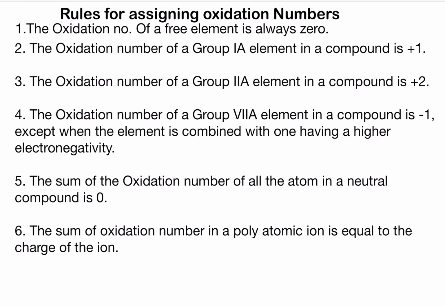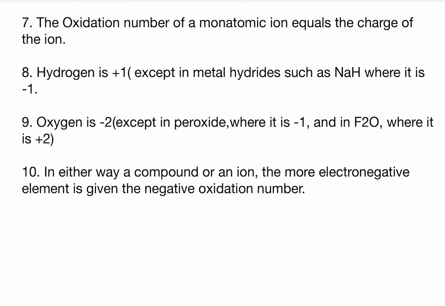Rule 6. The sum of oxidation numbers in a polyatomic ion is equal to the charge of the ion. Rule 7. The oxidation number of a monoatomic ion equals the charge of the ion. Rule 8. Hydrogen's oxidation number is +1 except in metal hydrides such as NaH where it is -1.